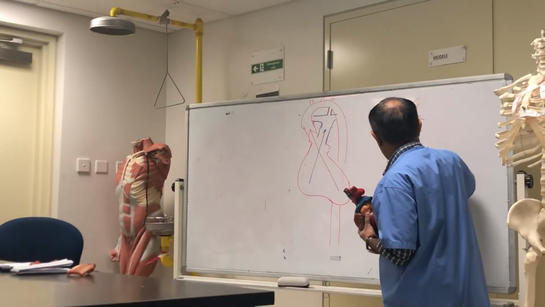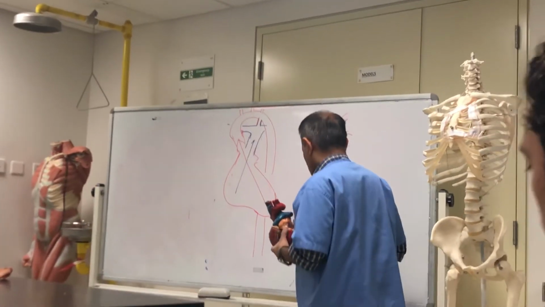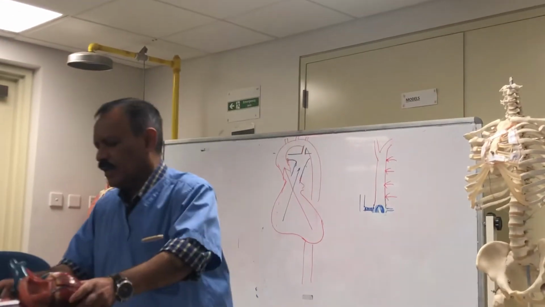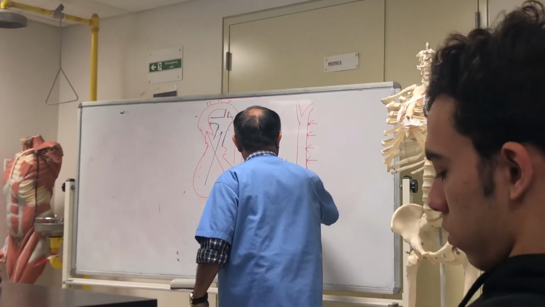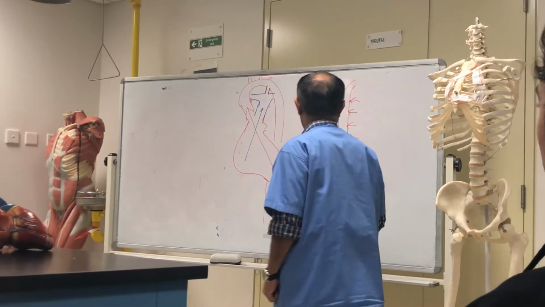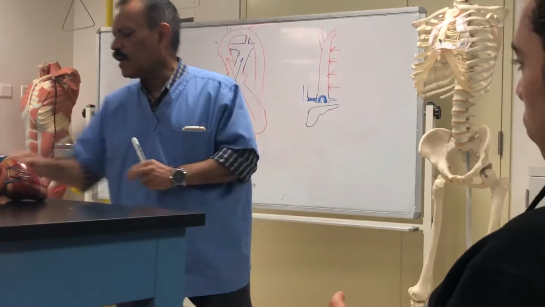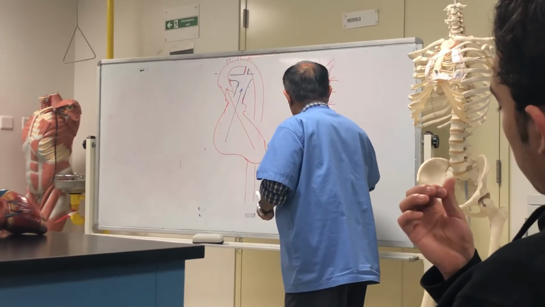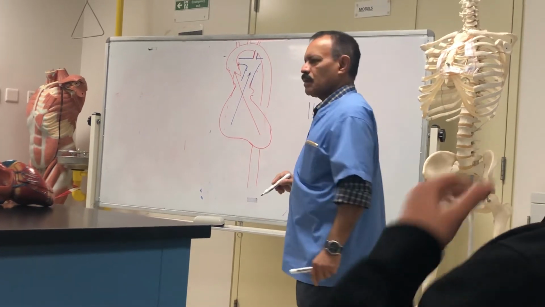The lower part, because the liver is coming, so what happens is the liver will be over here. And those veins are now over here. 1, this is the 2, 3, 4.